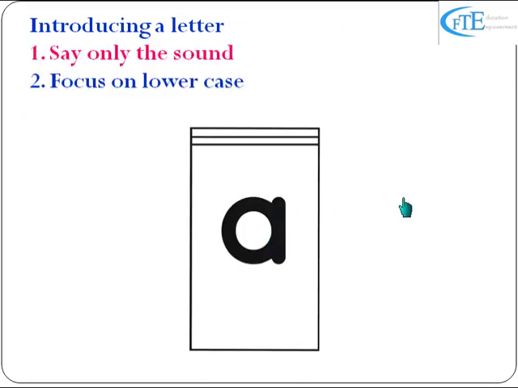Now, hold up the card and say the sound eh, eh, eh. The letter could also be written on a whiteboard or a blackboard or a slate so that the child notices the finger movement.